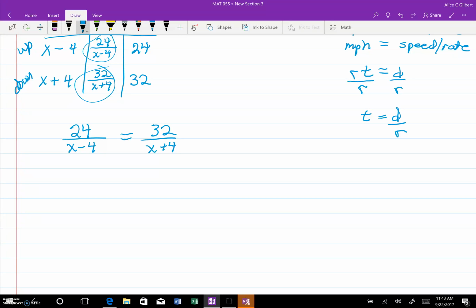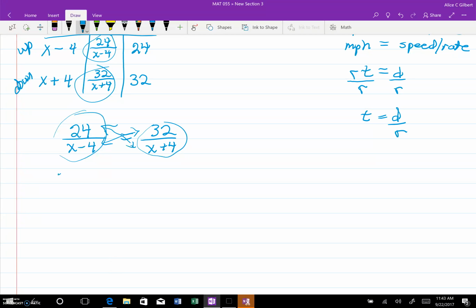Now, you could work this as you've been doing by finding an LCM and doing all that, or you can do this because it's one fraction equaling one fraction. Even if I had a plus 1 over here, I couldn't do what I'm going to show you now. But if it's one fraction equaling one fraction, I can do what's called cross multiplying.